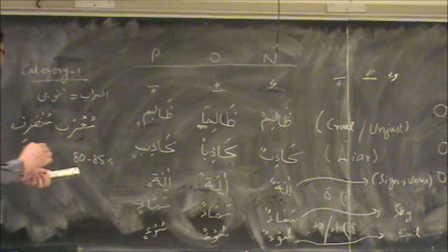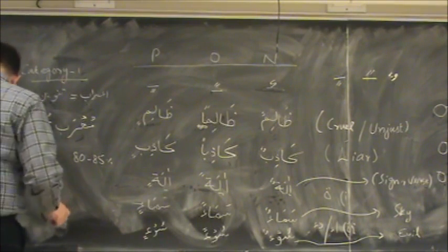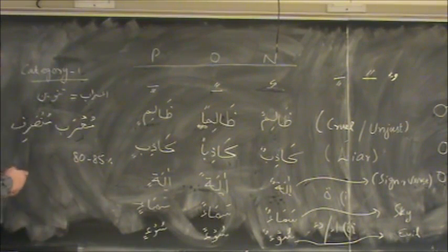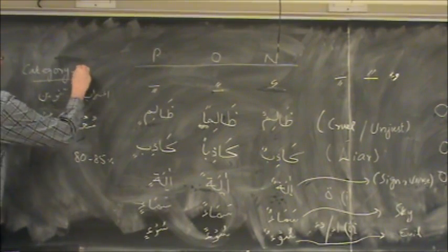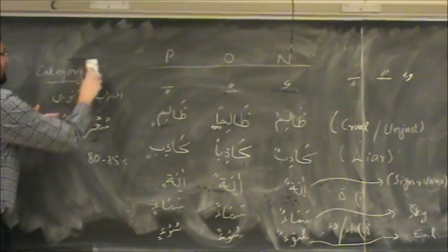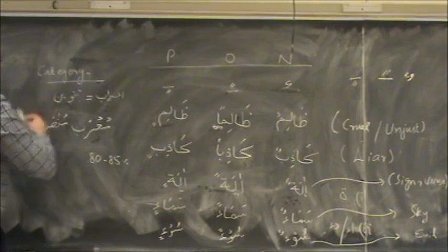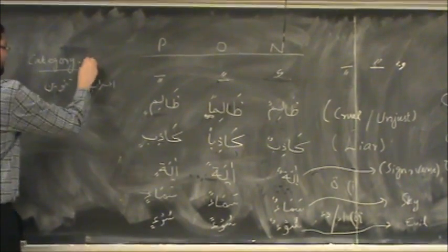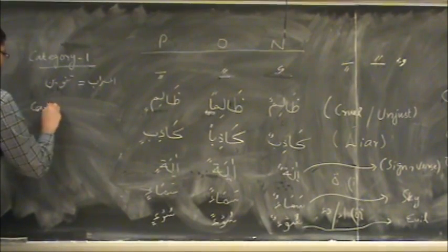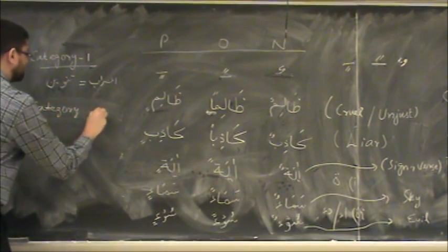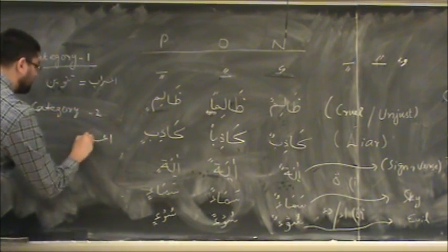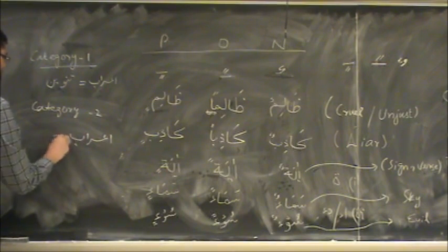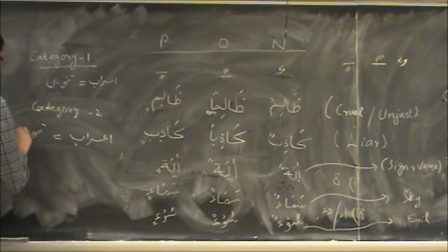Alright, let's talk about the other category now. So that was category 1. Now category 2. Its i'rab is not tanween.